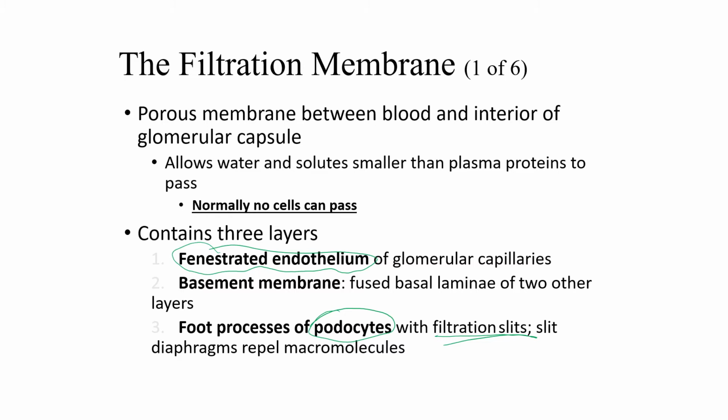You should not see plasma proteins in the urine, nor should you see cells in the urine, especially not red blood cells. You may see some squamous epithelial cells that have been shed by the ureter, the bladder, and the urethra, but you shouldn't see blood cells at all.